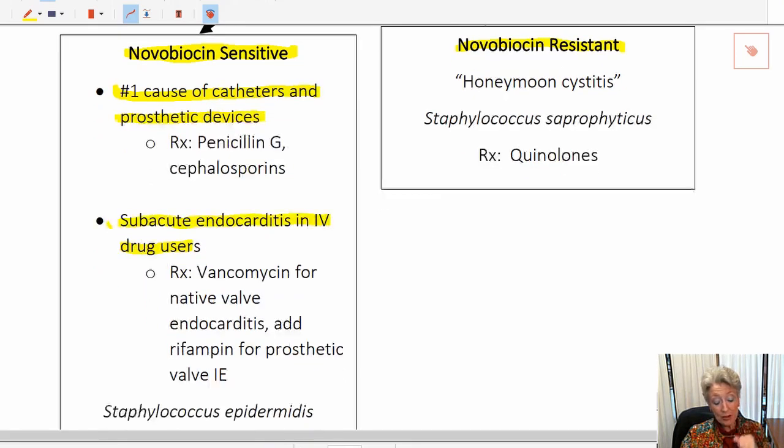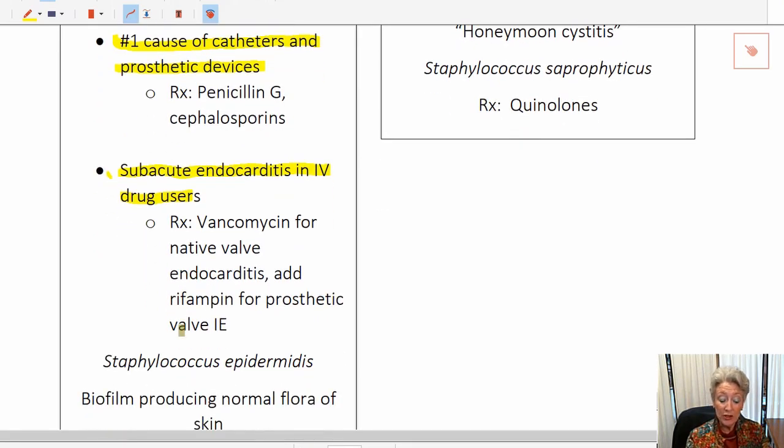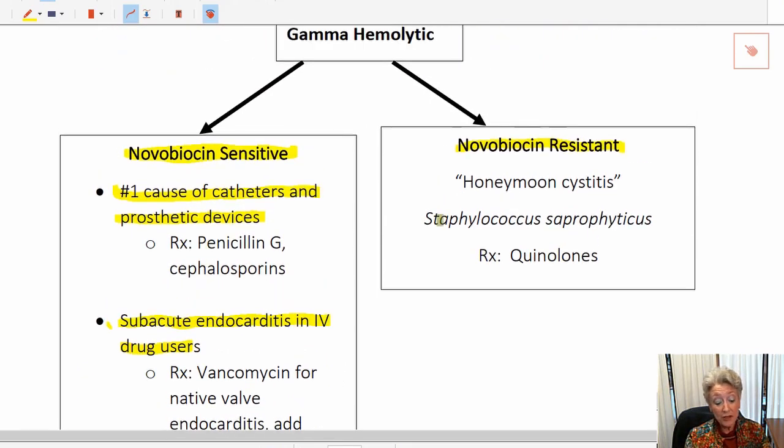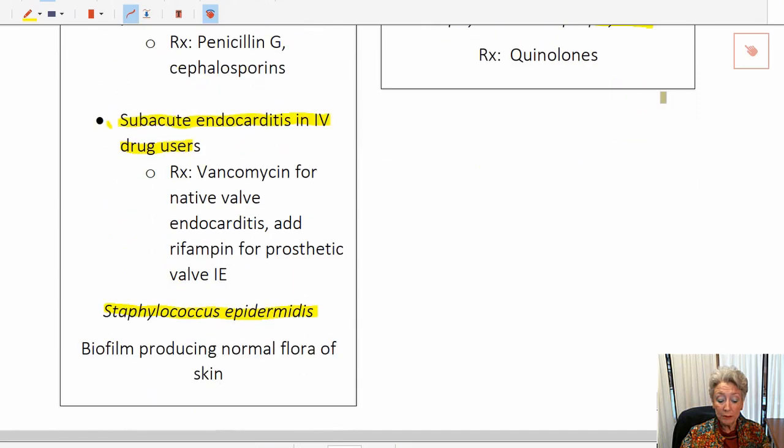But it's going to be one that we see in IV drug abusers if they are a subacute case of endocarditis. In the case of saprophyticus, it is an agent of UTI in young women, but remember, they'll have to give you the culture characteristics before you would rule out the possibility that would be E. coli, because E. coli always wins.